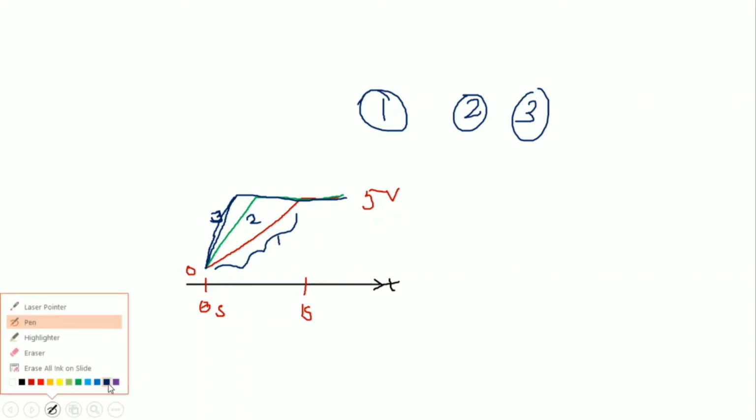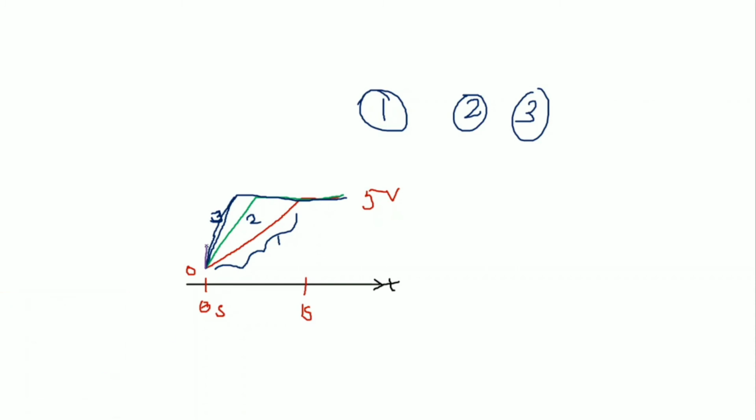Now I will take one more signal, in purple color. Look at this. It has a very steep change. As soon as you want the change, you get it in the fourth signal. It means the rate of change of the signal with respect to time is greater for the fourth signal, right?